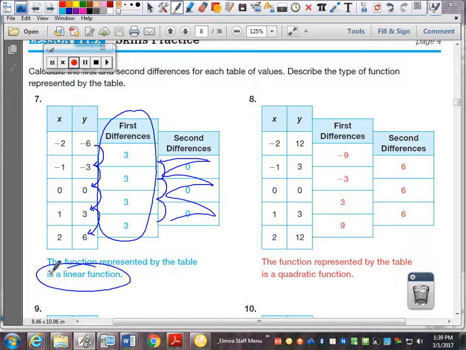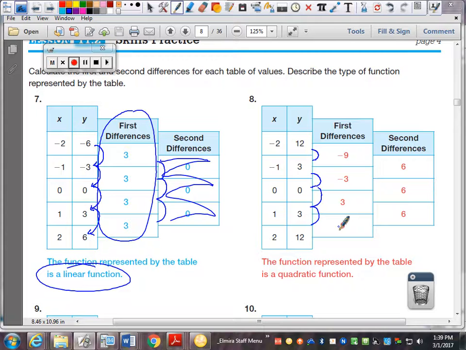Okay? Well, what happens if you have something like number 8? Like 12 to 3 went down by 9. 3 to 0 went down by 3. So we're going down by a different number this time. 0 up to 3, now we're going up by 3. And 3 to 12, we're going up by 9.